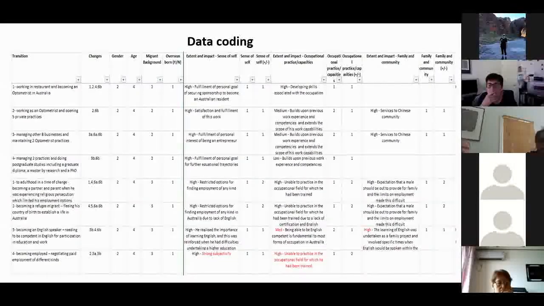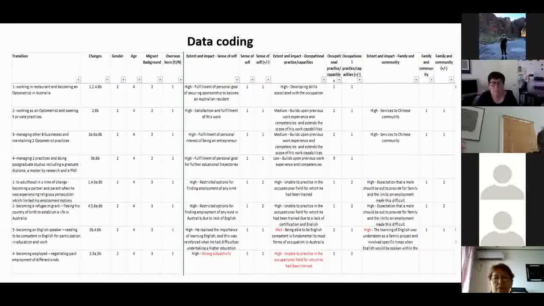For example, for occupational change, it could be a change in occupation or a change in occupational focus. That's why we have A and B. For the extended impact on sense of self, for example, we not only categorize it as high, medium, or low, but we also have a brief description of that impact that assists in deciding whether the impact is high, medium, or low.